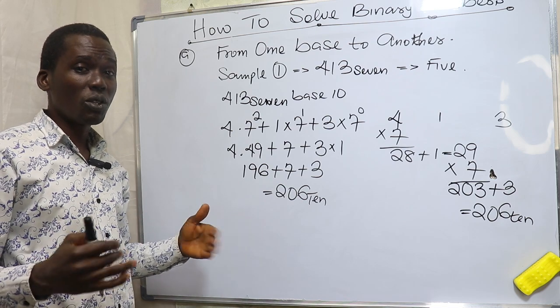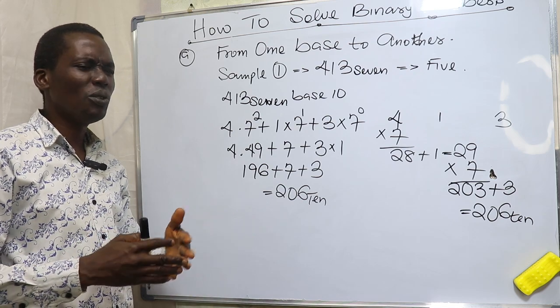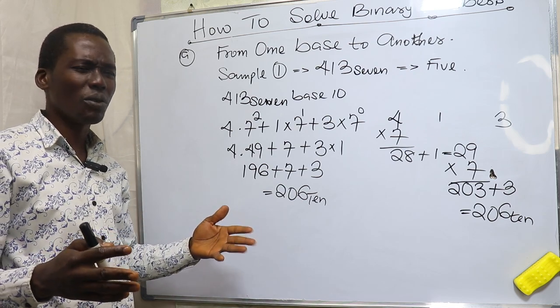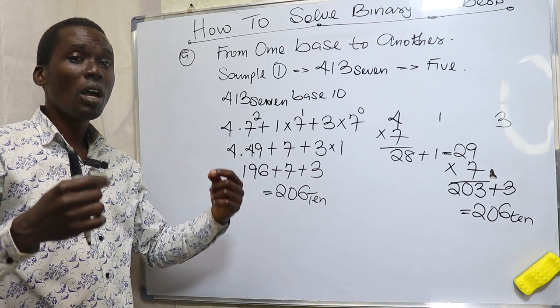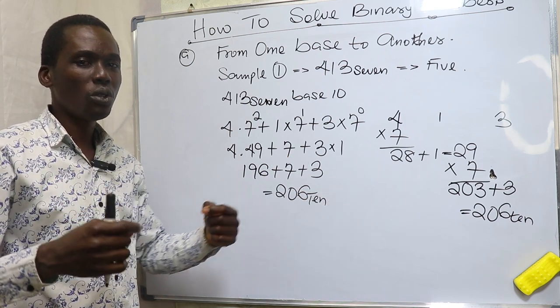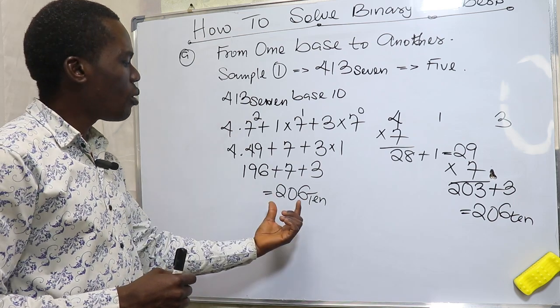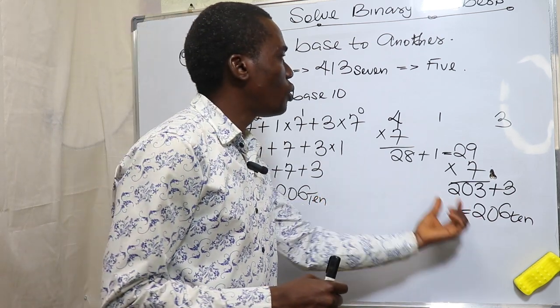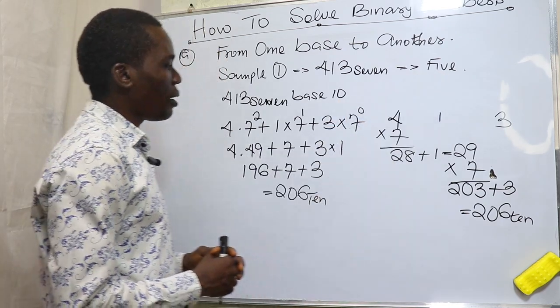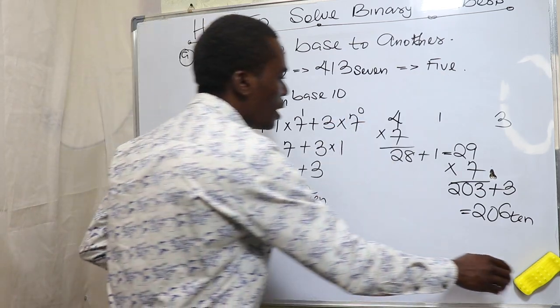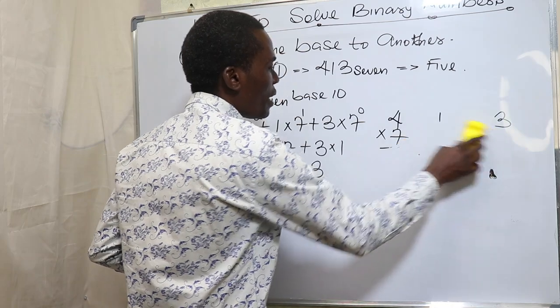People can use various methods, and that is why I like mathematics. You can use different types of methods, but you will get to the same answer so long as you use the principles and rules of mathematics. Now we have converted this to base 10. Now we want to convert it to base 5. Let us convert it to base 5 so that we will get our final answer.